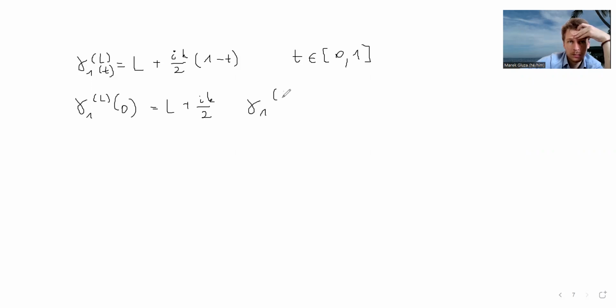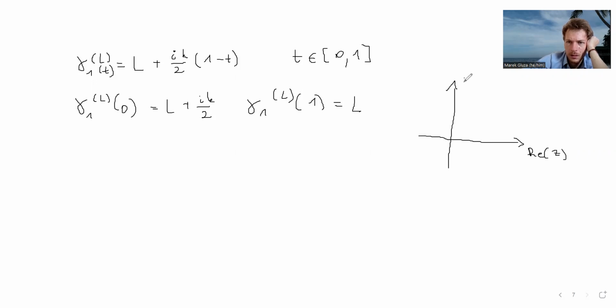Gamma 1 L of 1 is just simply L, which means that I have the complex plane here, and here I have the real part of z, and here I have the imaginary part of z.